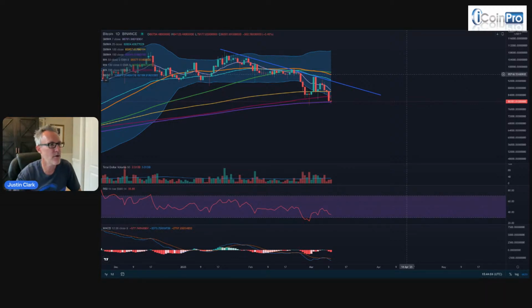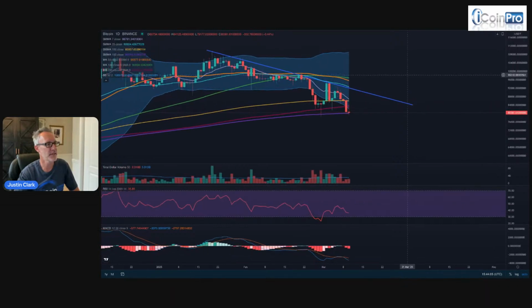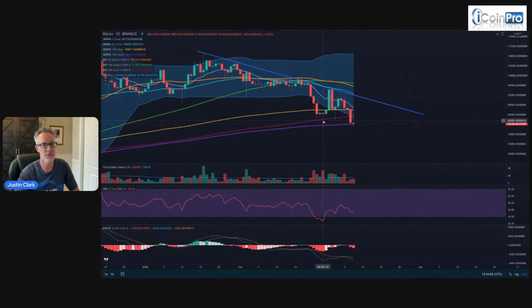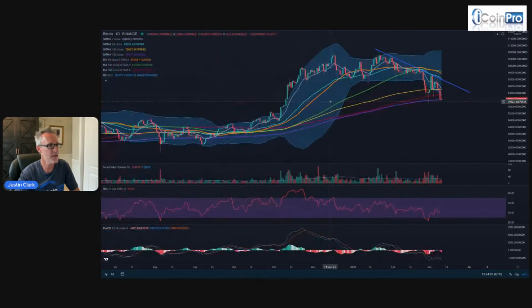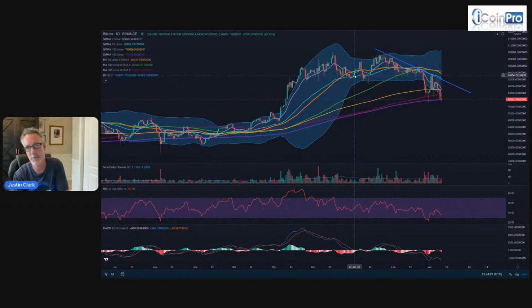So right now, let me explain a couple things. We've got these red and green things. These are called candles. They show what's happening with the price action. We're looking at a 1-day chart, so every candle shows an entire day's worth of trading. These squiggly lines, purple, maroon, yellow, etc., are called moving averages, and they show areas of support or resistance potential.